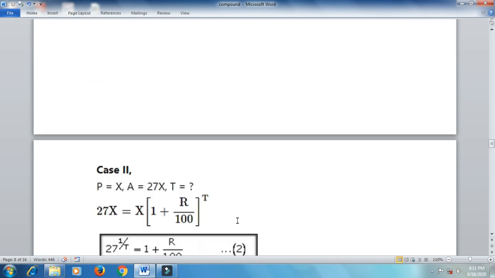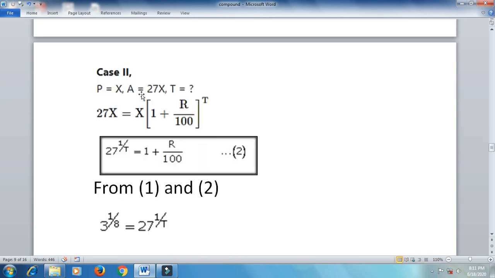In case 2, the amount becomes 27 times the amount invested. The term is not known, but the rate of interest remains the same. So 27 into x is the amount, which is equal to x, the P, into 1 plus r by 100 to the power t.